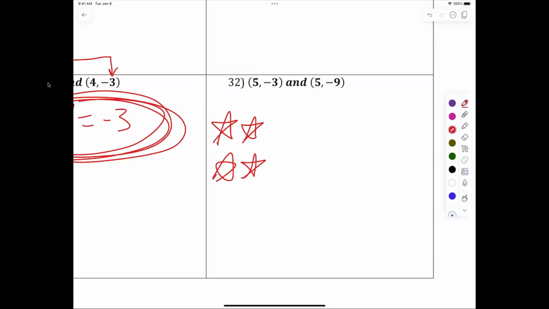We need some variables in there, so we would say x equals 5. How do we know x equals 5? Because we were observant. We looked here, and the 5s are the same. Because the 5s are the same, that is the answer. X equals 5. Anybody have any questions with that?